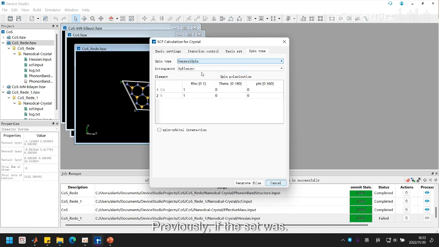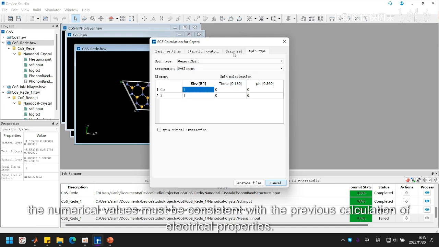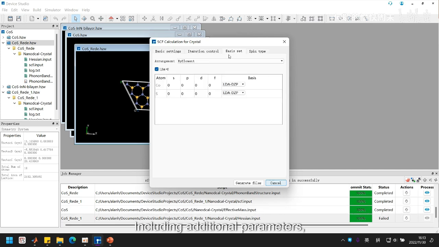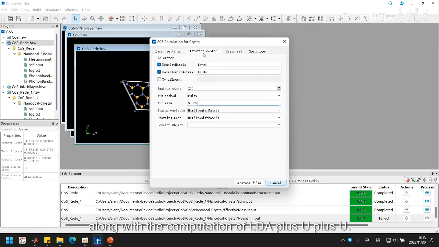Previously, if the setting was this, let these spin initialization values be the same. Generally speaking, the numerical values must be consistent with the previous electrical properties calculation, including additional parameters, along with the LDA plus U computation.